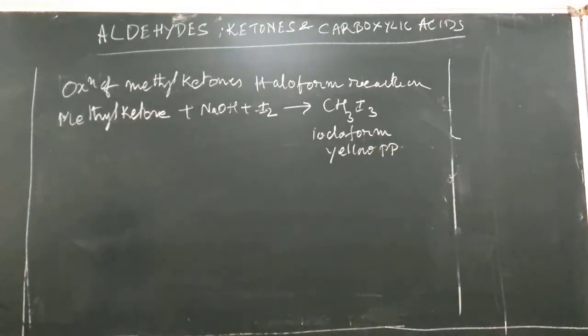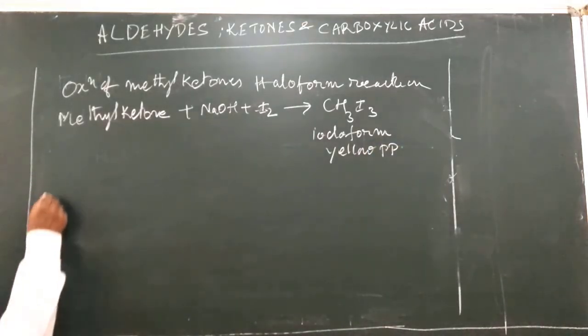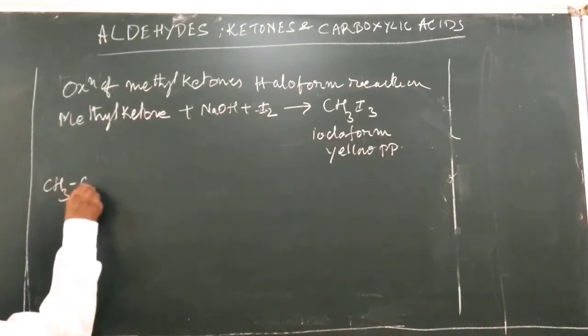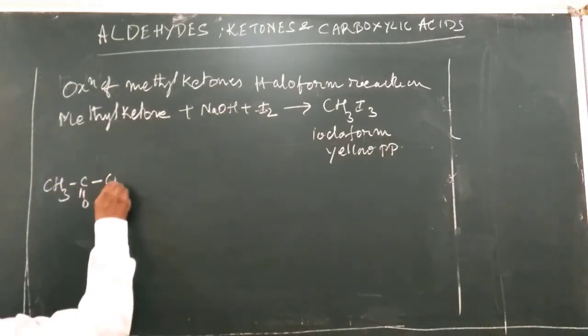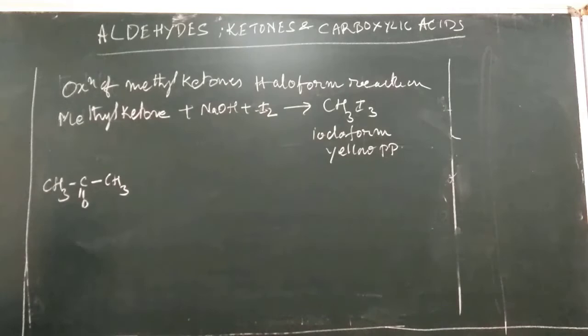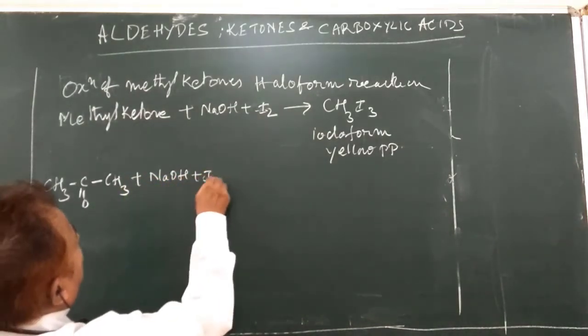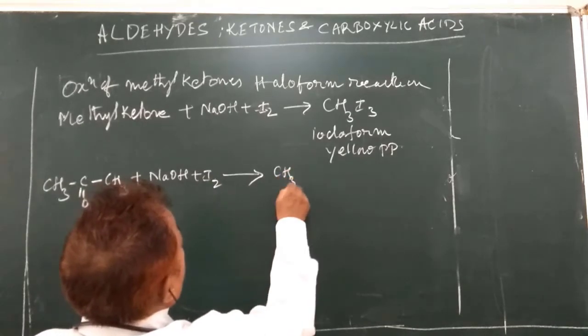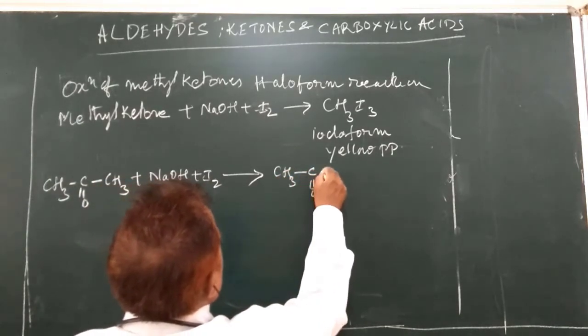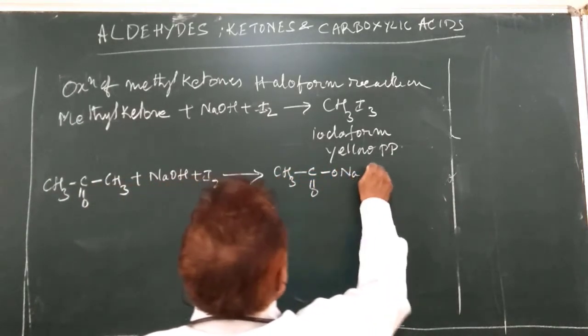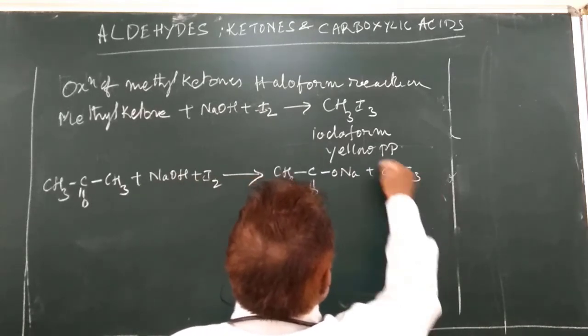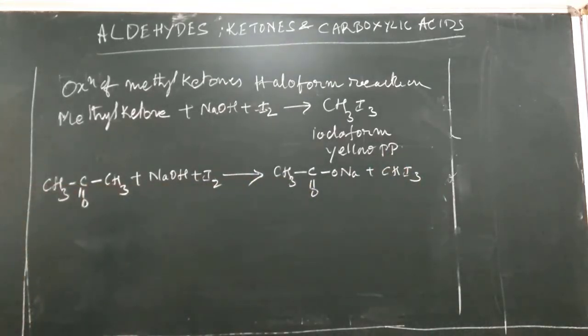Now let us see the reaction. Let us take acetone. To this add NaOH plus I2, and we get CH3C=O–ONa plus CHI3. This is iodoform. Now how is this reaction carried out?